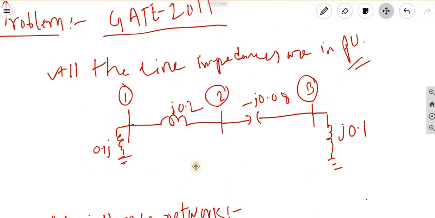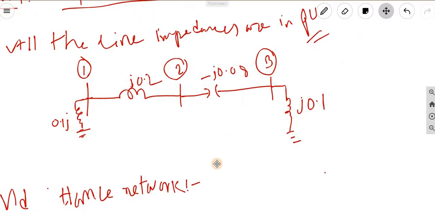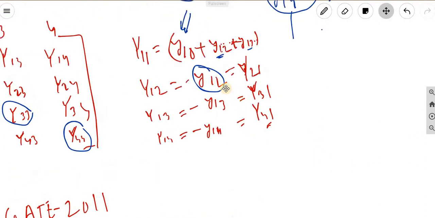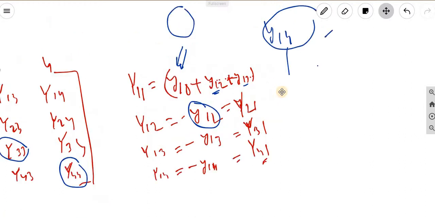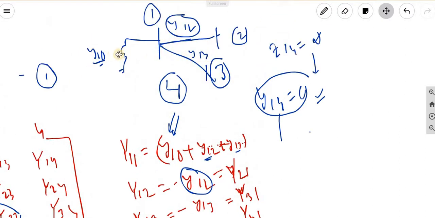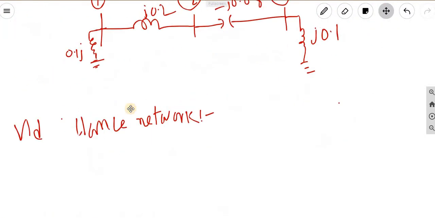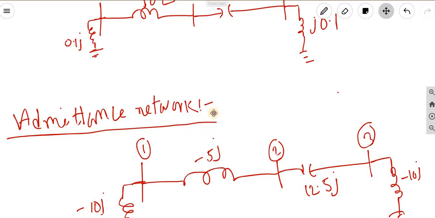You have to make the Y bus matrix. What do you have to do? Firstly, we have to find the admittance value of all the lines, even shunt branches. Clear? So what we get is the admittance network.